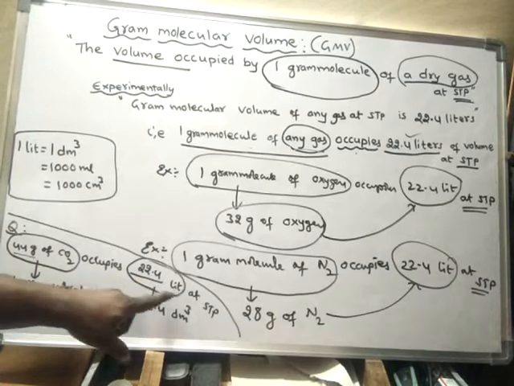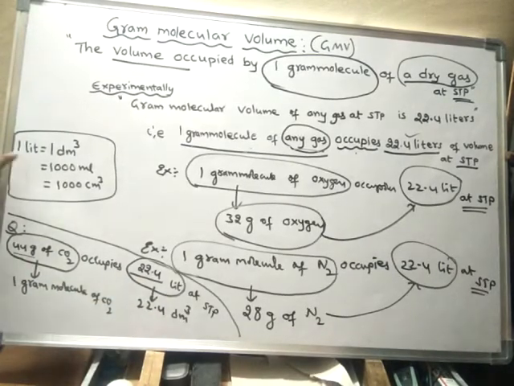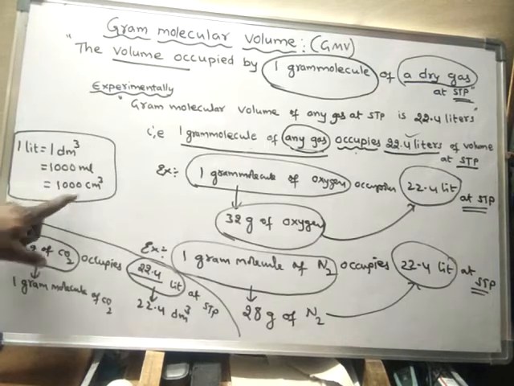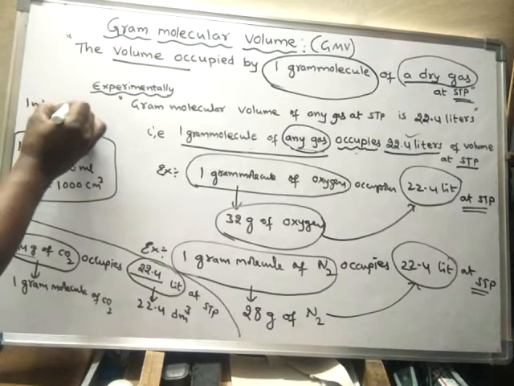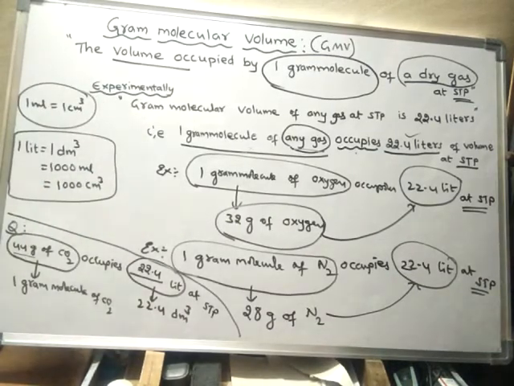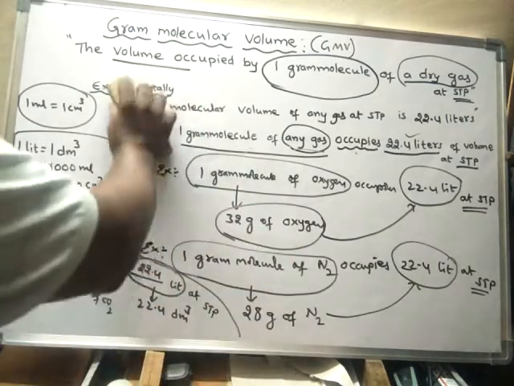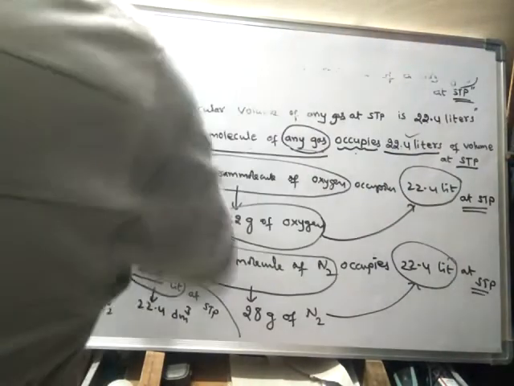If it is 22.4 liters, then it will be 22.4 decimeter cube. 1 liter is equal to 1000 milliliters. In the same way, 1 liter is equal to 1000 centimeter cube, since 1 milliliter is equal to 1 centimeter cube. Like this, gram molecular volume can be discussed.